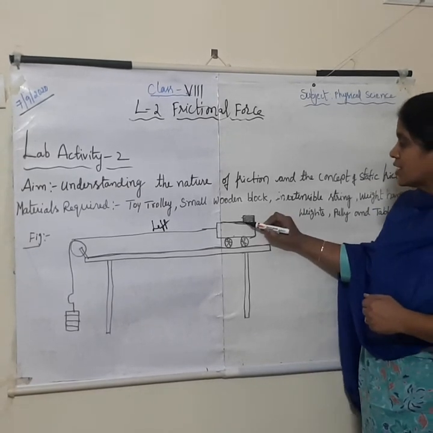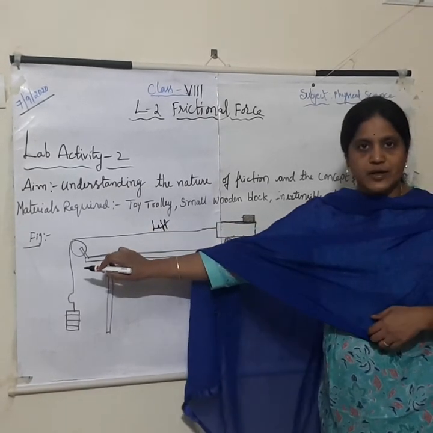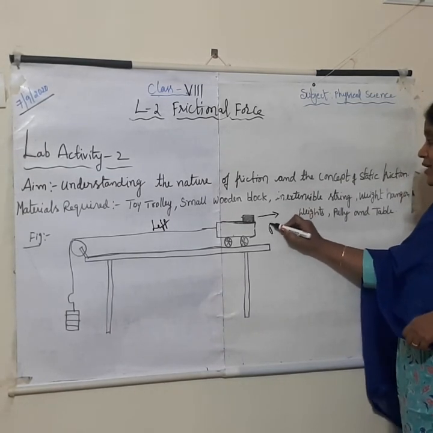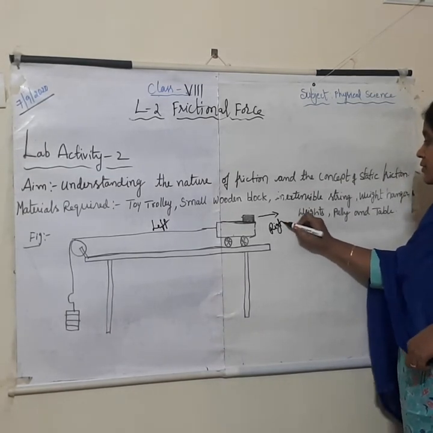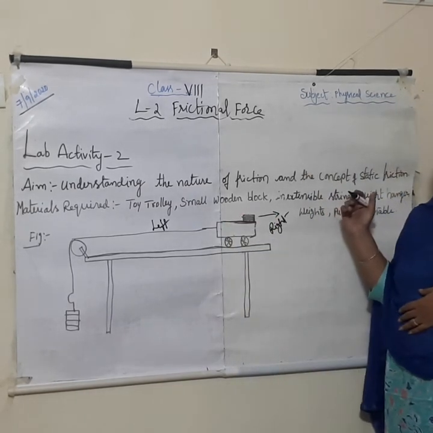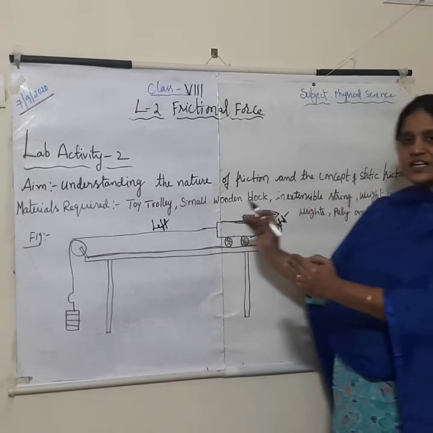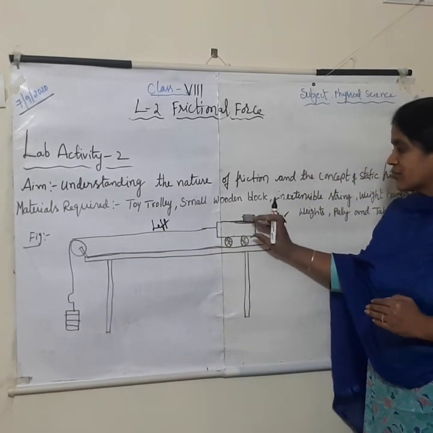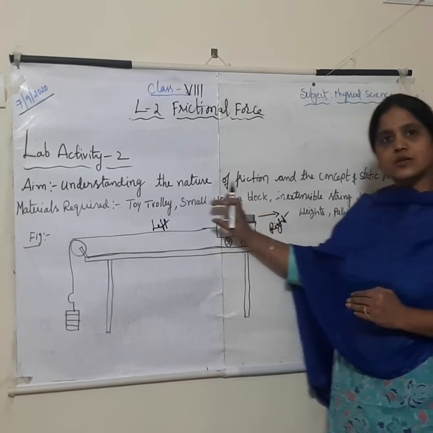Suppose the trolley is trying to move along the left hand direction, the wooden block is trying to move in the right hand direction. So up to a certain weight, along with the trolley, the wooden block is also moving.